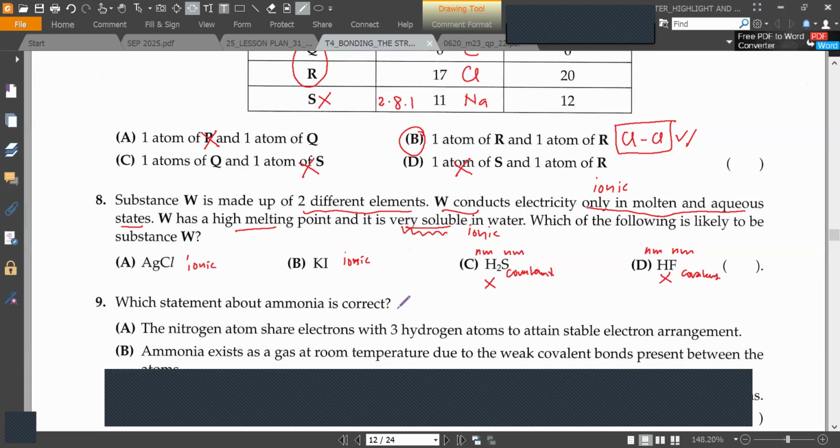You will learn in a later chapter that silver chloride is not water soluble, so although it's an ionic compound, it's not our answer. Potassium iodide is soluble. It's useful to remember that anything with sodium or potassium is water soluble. So this will be our answer.